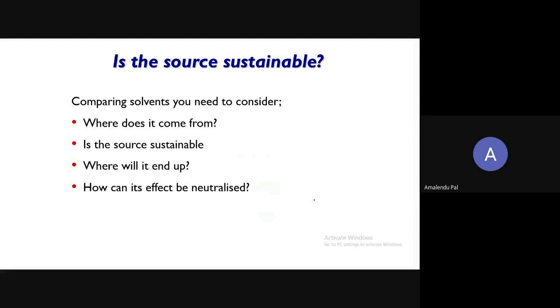Is the source sustainable? First we have to consider, where does it come from? Where will it end up? And how can its effect be neutralized? That we have to think about. Is it possible that where it ends up, the solvent can be neutralized?